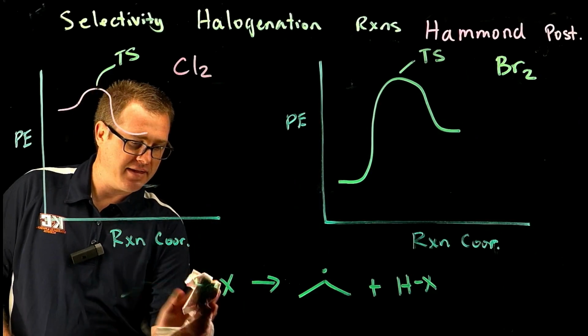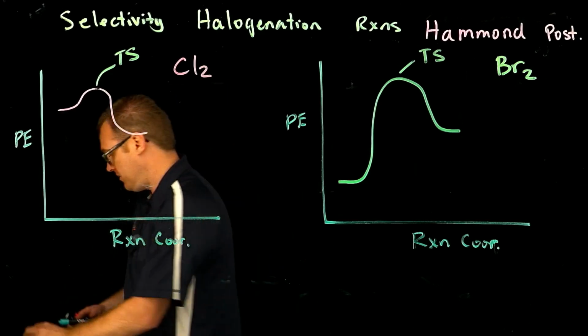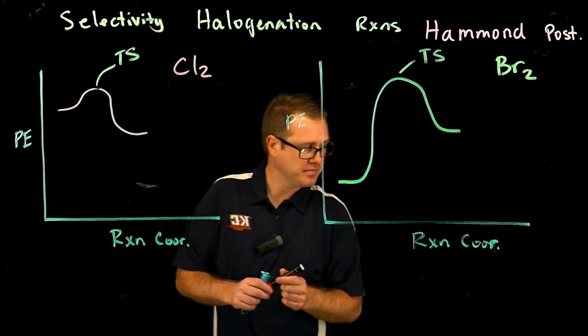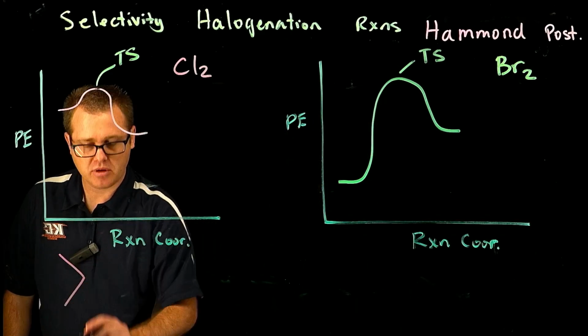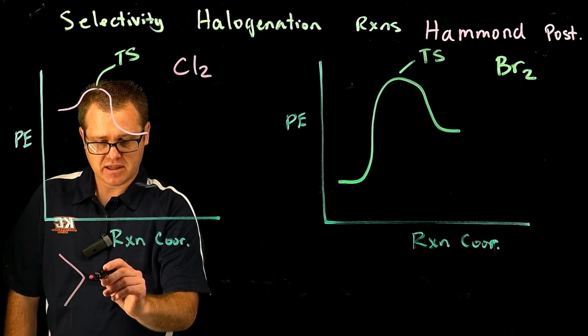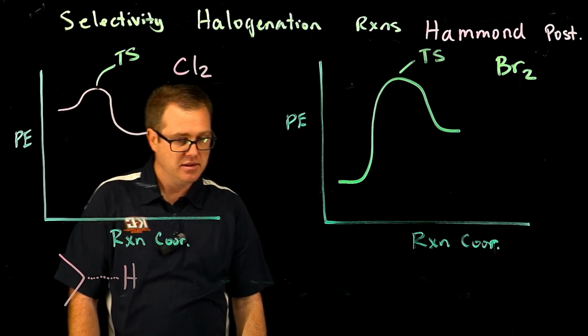Because when we look at the transition state for chlorination, right here, we could represent it kind of like this. I'm going to draw the propyl like that. And at the transition state, that hydrogen is starting to break, right?